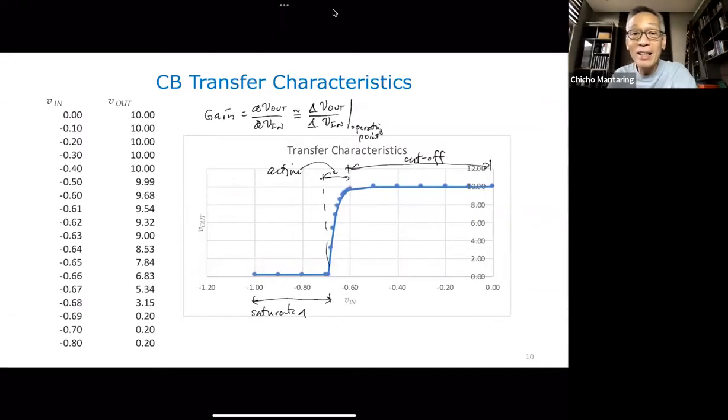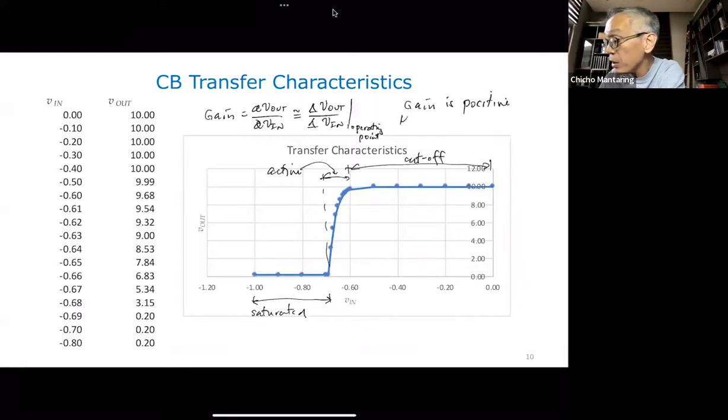It looks the same, right? The magnitude of the gain looks the same. The slope is different. So here my gain is positive. Gain is positive.